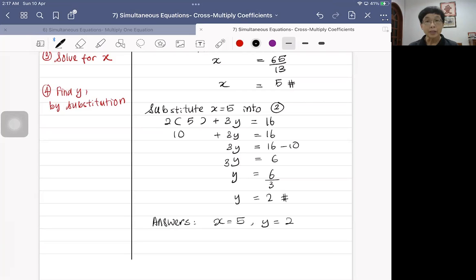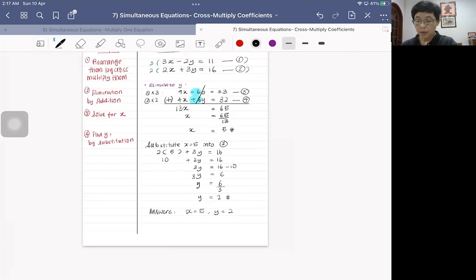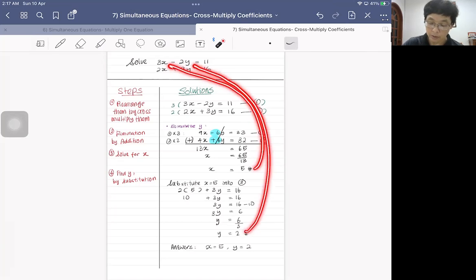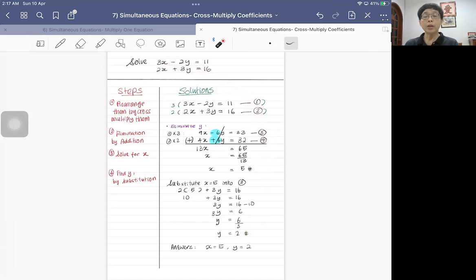And that's it. You can double check if you want to. No big deal. You can take your x and substitute into any of these equations, then take your y, substitute into this, and see whether you get a correct and true statement.